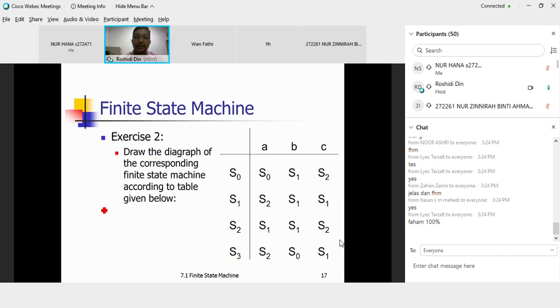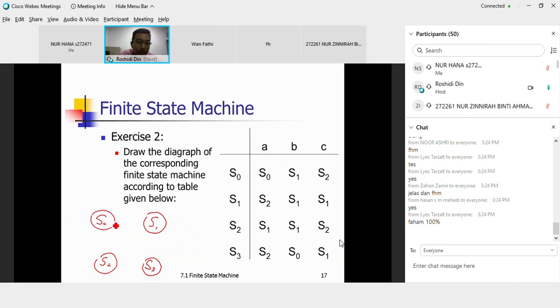Now the second exercise. We have 3 functions with 4 inputs, S0 until S3, and 3 processes A, B, C. Okay, now we have S0, S1, S2, S3. So actually, I draw the first step.